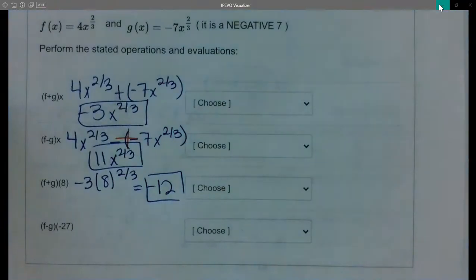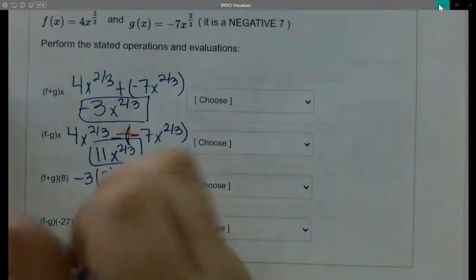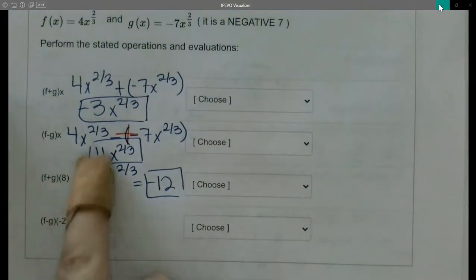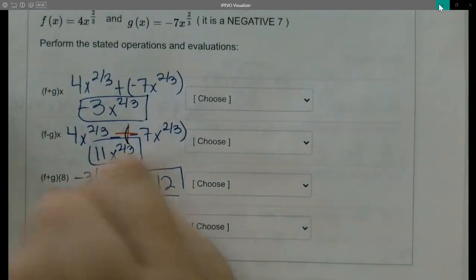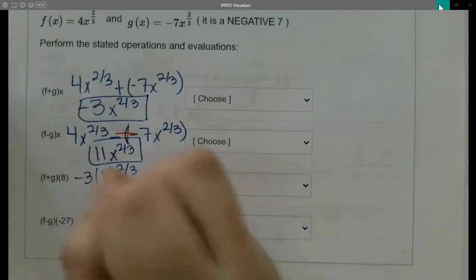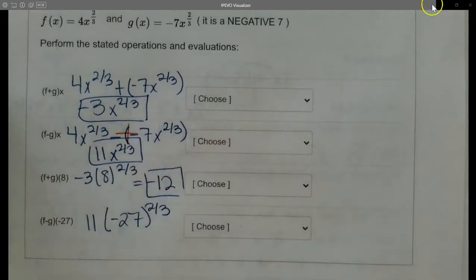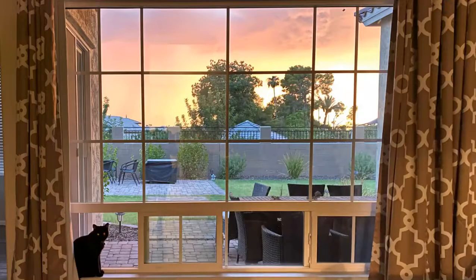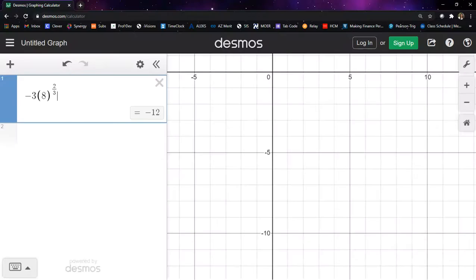On the last one, I want to go ahead and plug in negative 27 for my subtraction one, which was the second one I wrote. I have 11 times negative 27 to the 2/3. So where did my Desmos go? Which gives me 99.